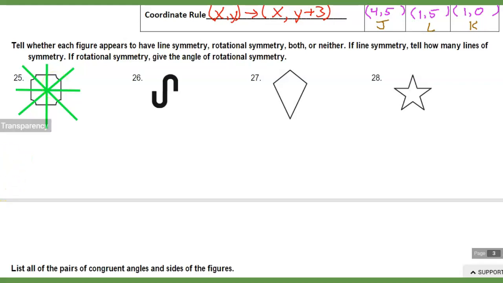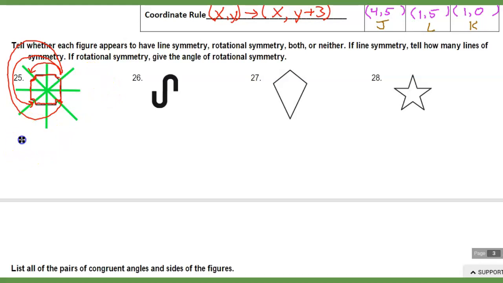Now we also have the rotational symmetry, where if we rotate this 90 degrees, it would end up over here right on top of this one. So it looks like we have rotational symmetry as well. We can do 90, 180, and then all the way to 270.